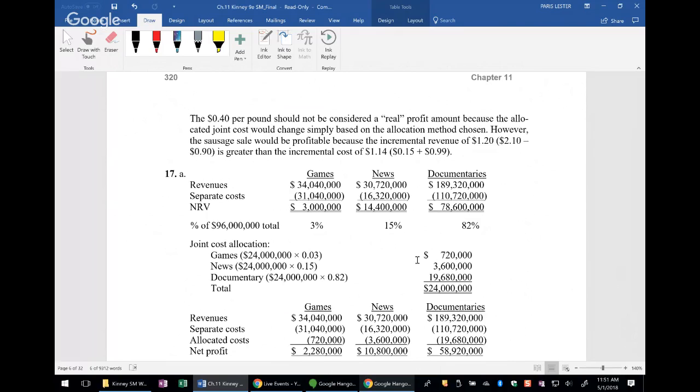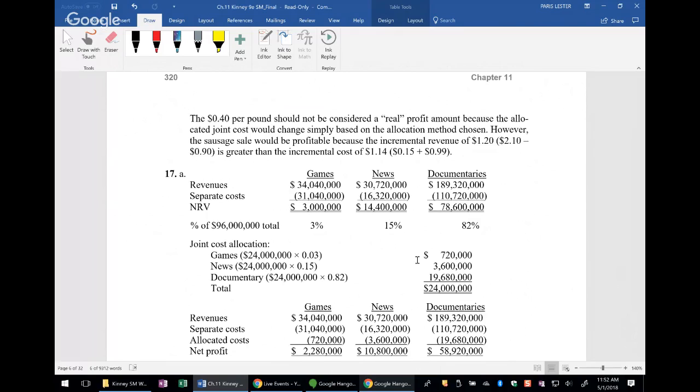What does that give you? You add those three together. $96 million. 96 million even.